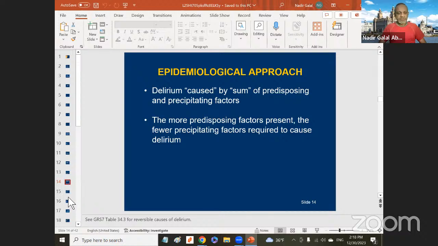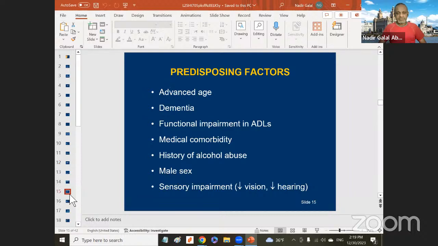But I'm going to go over here the predisposing factors, the risk, who is at risk. So as we mentioned, older patients, so advanced age, patients with dementia or cognitive problems to start with, functional impairment in ADLs, the activities of daily living. If they have multiple medical conditions, comorbidity is a risk. Use of substances like alcohol, for example.